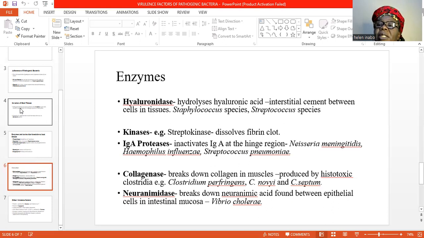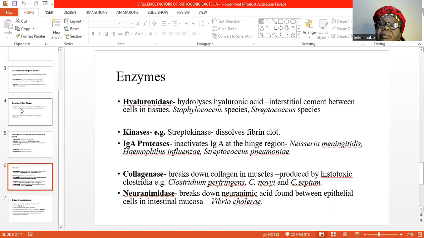For example, Neisseria meningitidis is known to produce IgA proteases, which inactivate IgA and it is able to establish itself and cause bacterial meningitis.